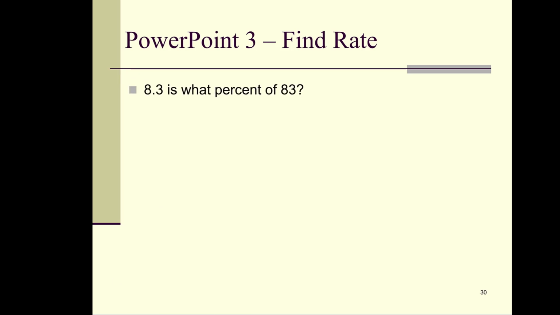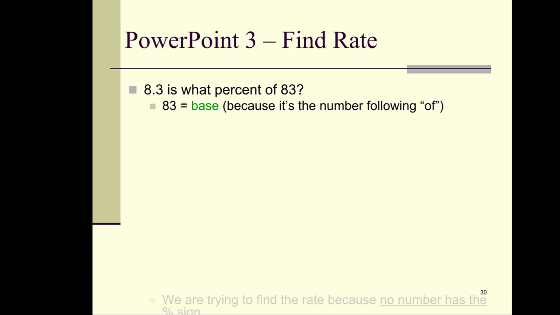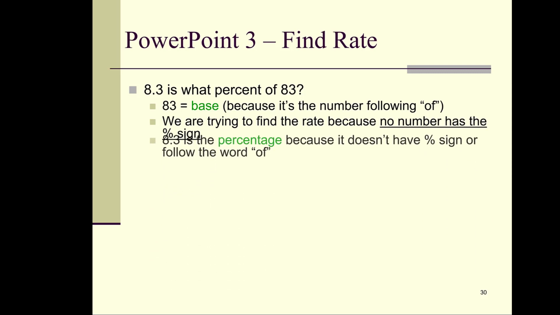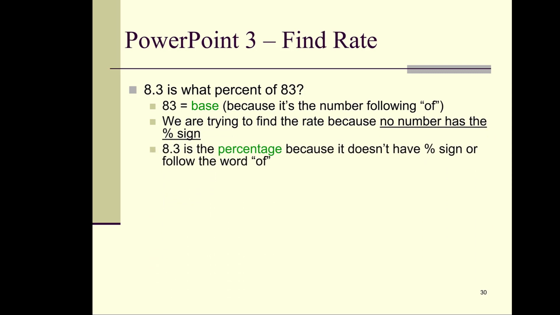Next question, 8.3 is what percent of 83? Well, base must be 83 because it's the number following the word of. We're trying to find the rate because no number has a percent sign. 8.3 is a percentage because it does not have a percent sign or follow the word of.